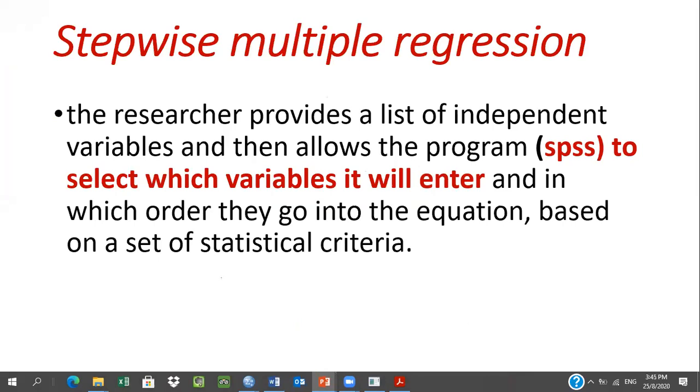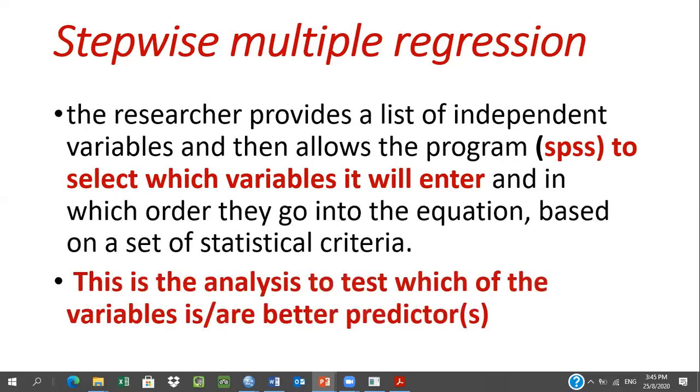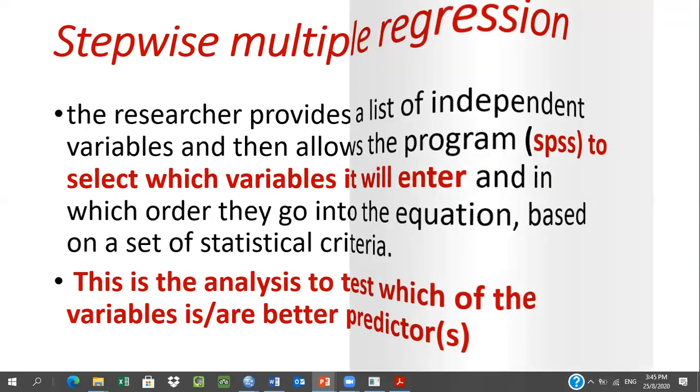Based on that, it will bring in the first IV into the model, call it model 1. Then it will bring the second most prominent one into the model, call it model 2, and so on, until it decides not to bring in any more, because it knows the contribution is very little, so it will stop. This is the analysis to test which of the variables is a better predictor.